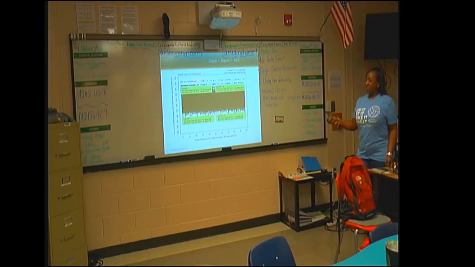Okay, so this is an example of fifth grade students. They took the Milestones in 2016. This is their data, comparing 2015 and 2016. On our y-axis, it shows achievement levels. On the x-axis, it shows their growth.